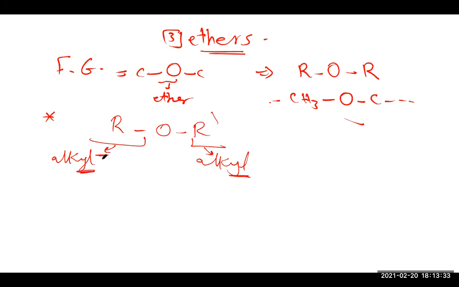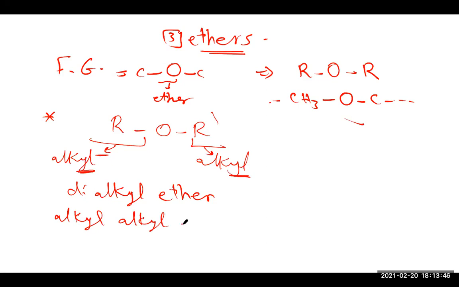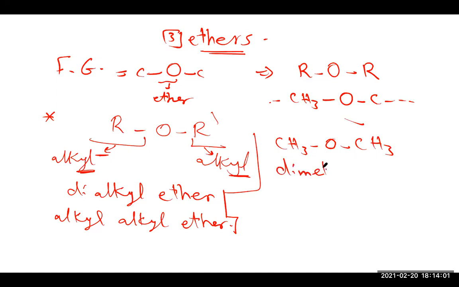If they are identical, we write di-alkyl ether. If they are not, we write the first one and the second according to alphabetical order, and then ether. That's it. So let's take one. If we have CH3 O CH3, we know that CH3 is a methyl group and they are identical, so it will be dimethyl ether.